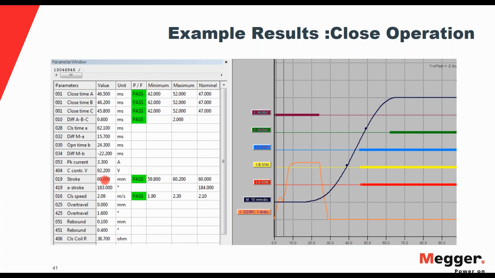Here I have my stroke value. Here I have my speed, the speed of the movement, and you can see the two dots here defining the calculation points of the speed. If I have any over travel, in millimeter, I can have that, and also in degrees. Any rebound showing will also be measured for you and given as a value directly.